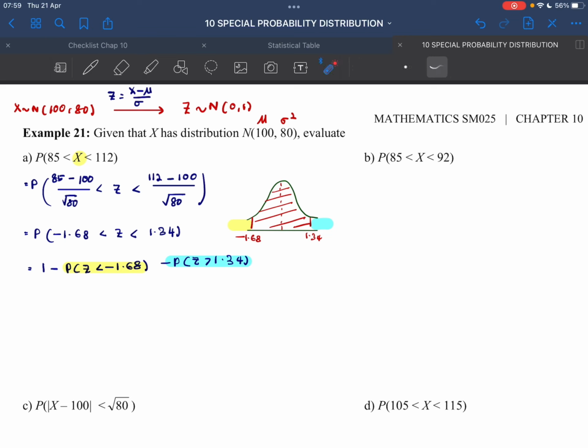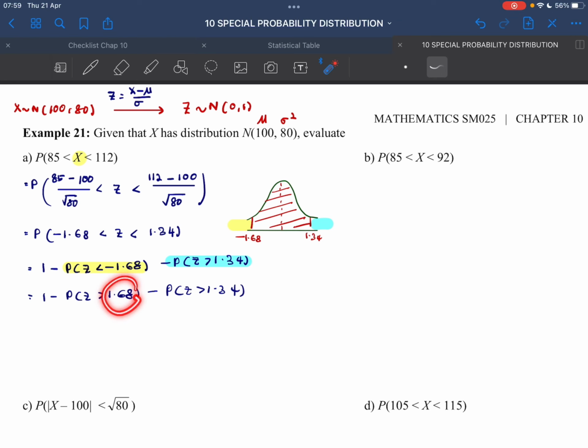For Z less than negative 1.68, we can shift to the right so that it becomes Z greater than a. So we have 1 minus P of Z greater than 1.68, minus P of Z greater than 1.34. Now we only have to find the answers in the table.